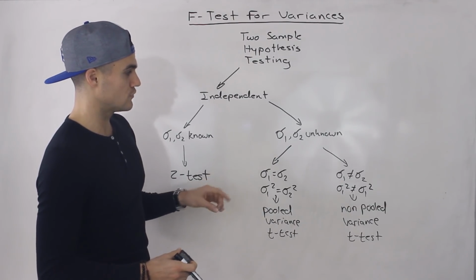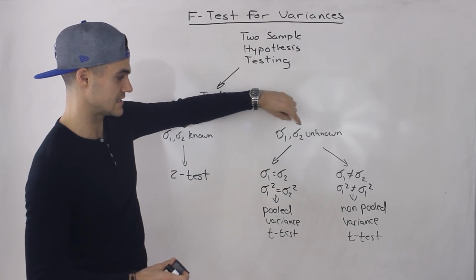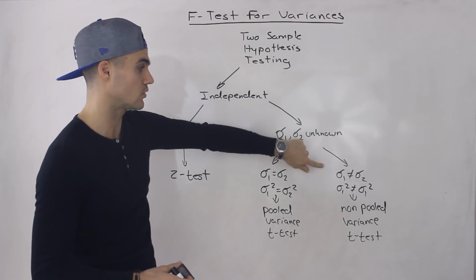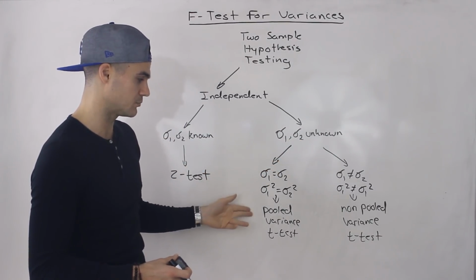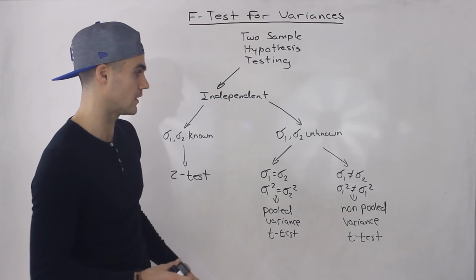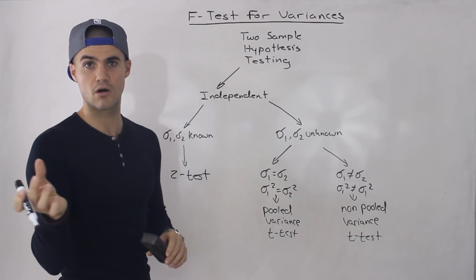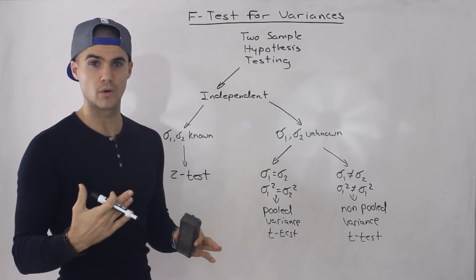So in that overview video, I mentioned how there's a test to see whether the population standard deviations are going to be equal or unequal. Notice that in the questions before, when we did a pooled variance t-test and a non-pooled one, we were told in the question, assume the variances are equal or unequal, but what if we don't know what to assume?